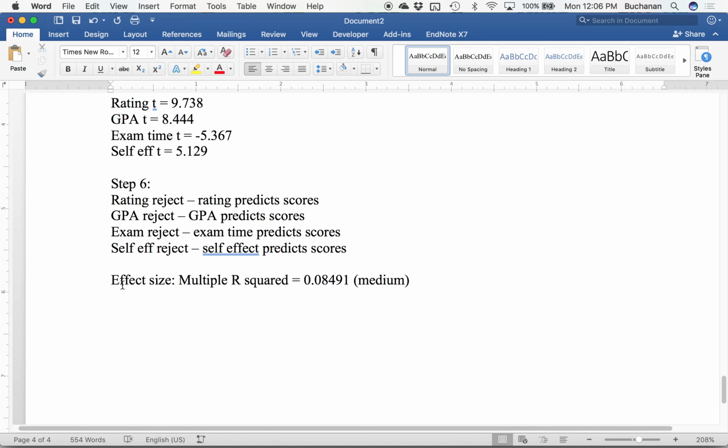And maybe I can think about self-efficacy. Can't do a whole lot about GPA, but it's still not a whole lot of the exam score. So that's like 92% is due to something else. So all that together is a simple and multiple linear regression using the 6-step procedures from the Nolan and Heinzen.